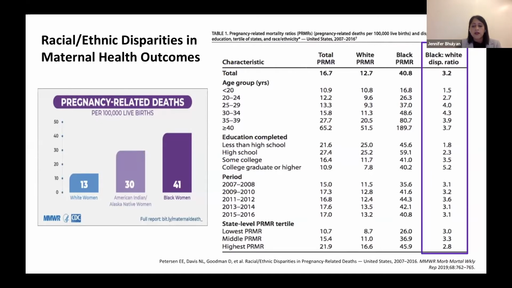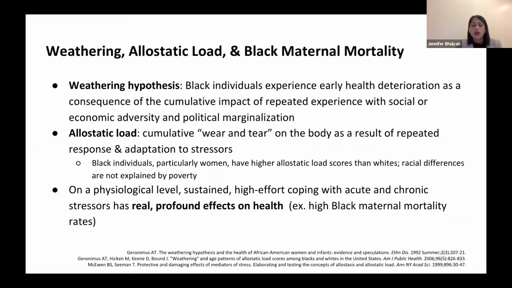This is not the only study showing this disparity, certainly. Scientists over time have concluded that these findings cannot be attributed to differences in socioeconomic status between groups. In fact, a concept known as weathering has been shown to play a significant role in Black maternal mortality in the US.